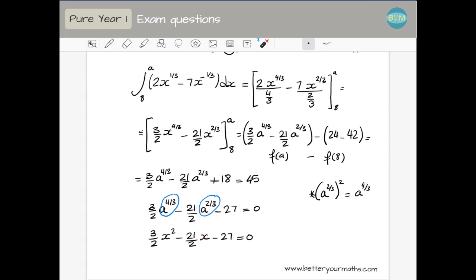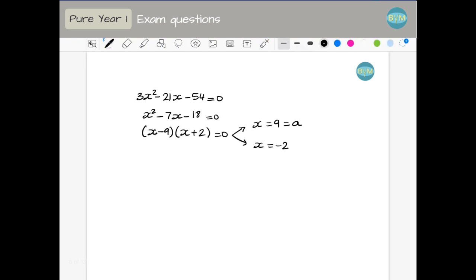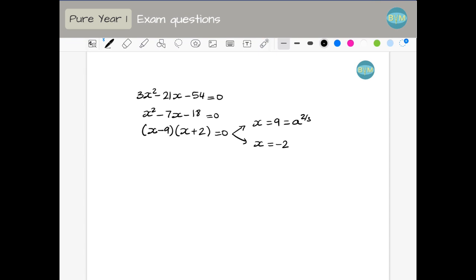What I call x is A to the power of 2/3, and x squared is A to the power of 4/3. So if A to the power of 2/3 is 9 and I want A, when I multiply exponents, 2/3 times 3/2 is just 1, so A. So A is 9 to the power of 3/2. 9 to the power of 3/2 is the square root of 9, which is 3, and 3 cubed is 27.